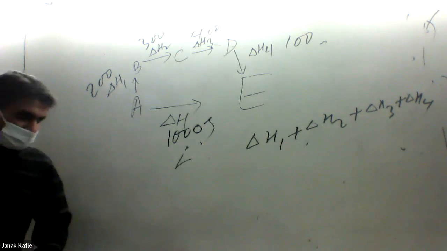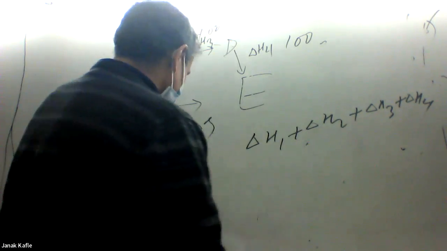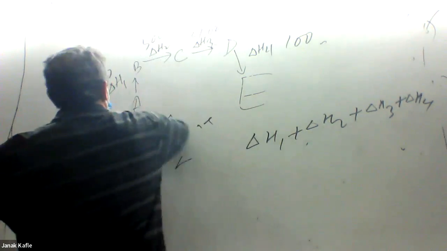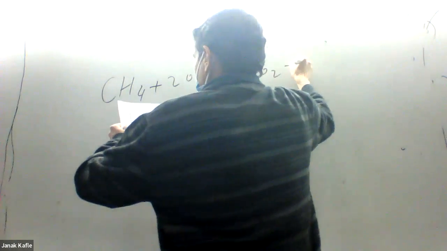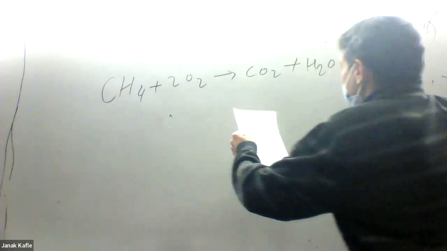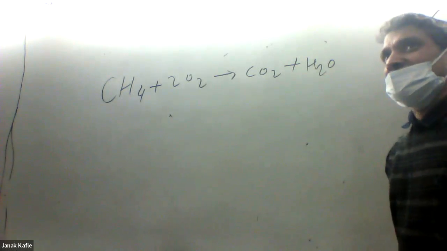So I'm almost done. Now here is one example for Hess's law. Here is methane gas, and we are burning it with oxygen, giving carbon dioxide and water. And this process we did in a coffee cup calorimeter.